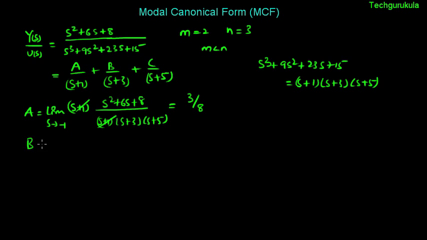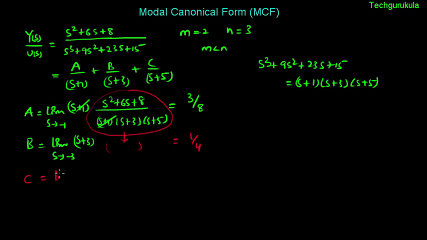Similarly, for b, the limit as s tends to minus 3 of (s plus 3) times the entire function, we get the coefficient 1 over 4. And similarly for c, the limit as s tends to minus 5 of (s plus 5) times the entire function, we get 3 over 8.